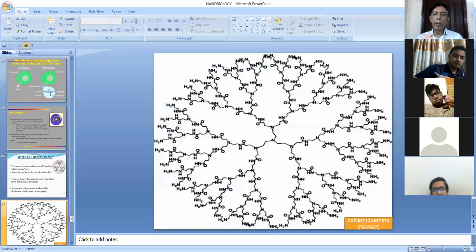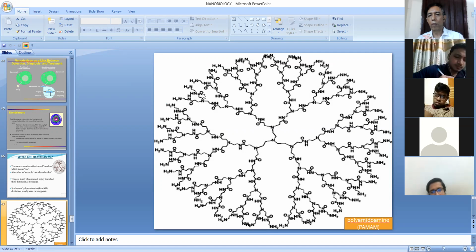We have one example of a dendrimer. You see, this is a dendrimer. Its name is polyamidoamine. This is the root of the tree, and these are the branching of trees.